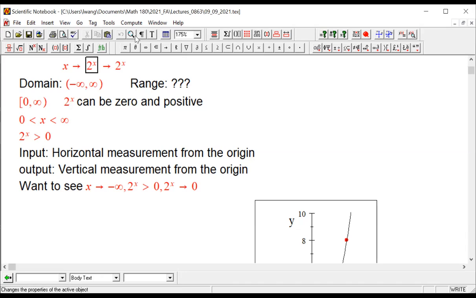Do you agree with that statement? No, it's wrong. And then how would you correct it? You're so close, so close.